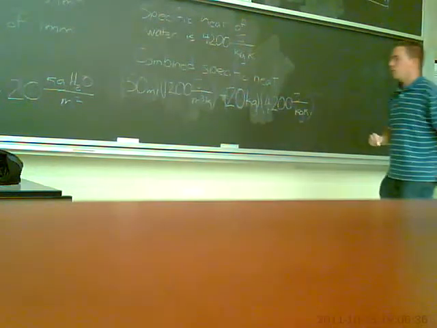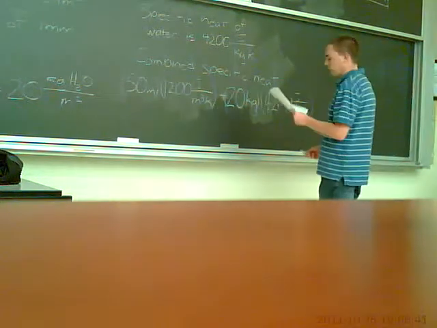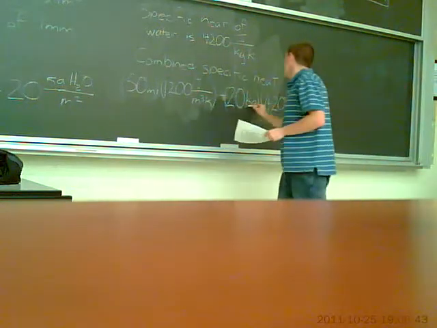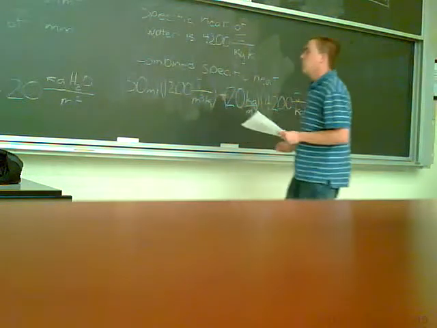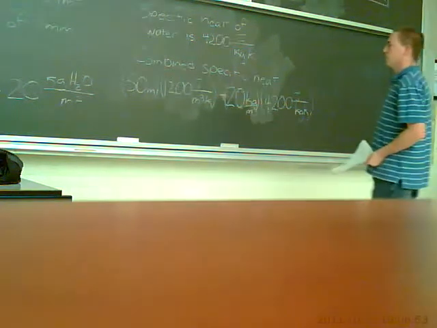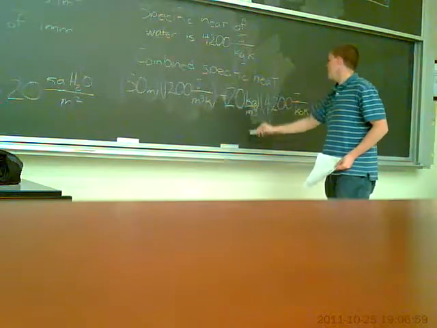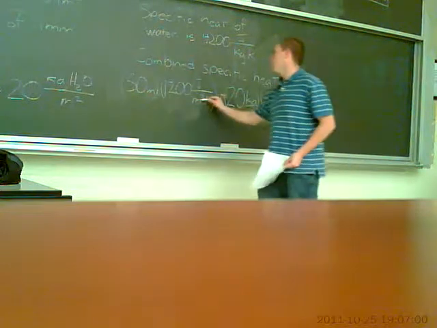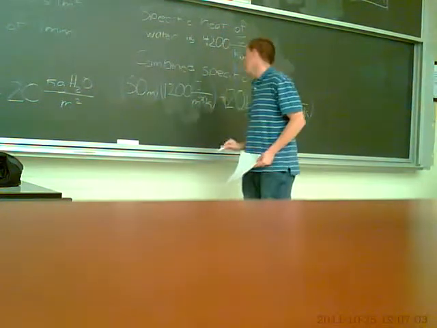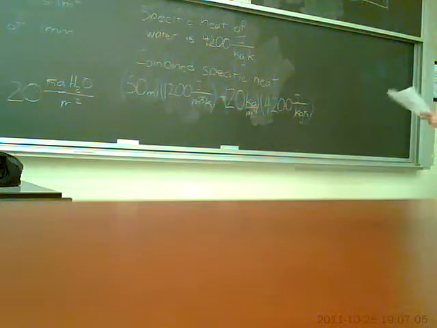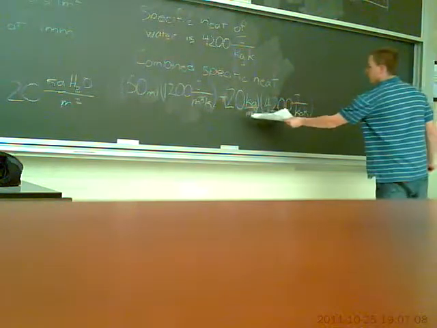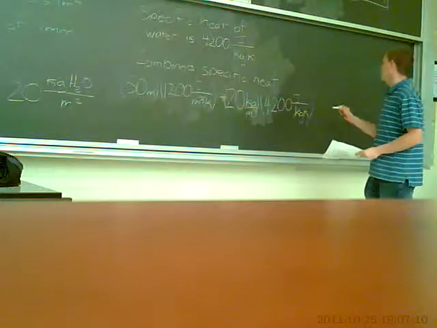So, basic thing when you're writing numbers: don't you want to multiply the 20? Oh yeah. So when you're adding numbers, just make sure you're adding the same units. Cancel that out, you get the meters squared. So you're adding joules per meter squared Kelvin to joules per meter squared Kelvin, the same thing together.